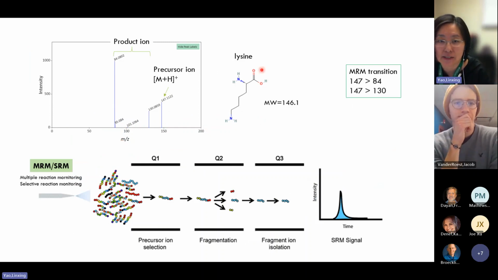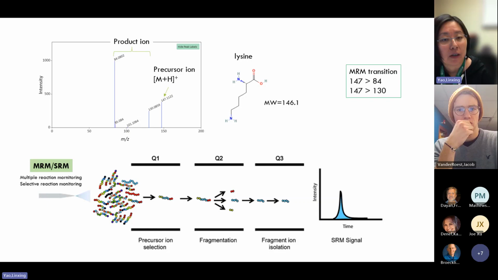I'm using lysine as an example here. Lysine is an amino acid with a molecular weight of 146. If it's ionized in positive mode, it will become a positively charged ion with m/z 147. This is called a precursor ion or parent ion.